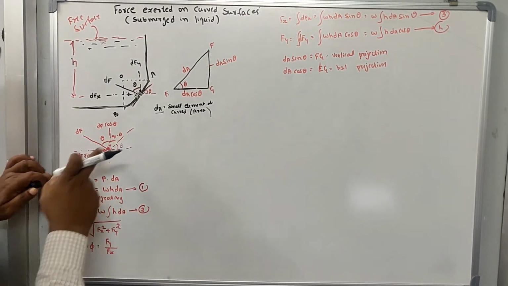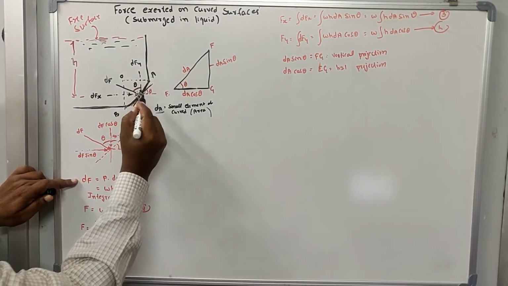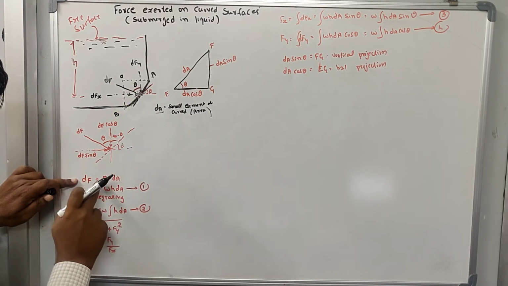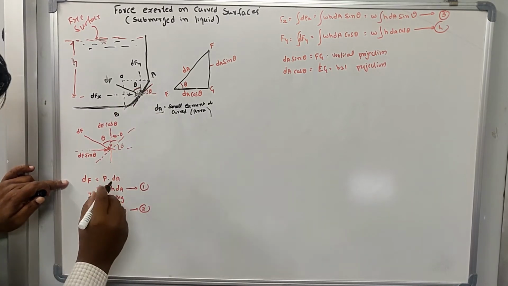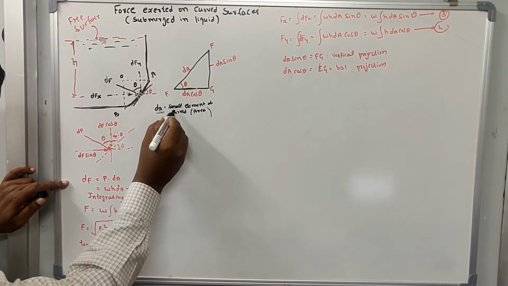So dF is equal to P, the pressure intensity, multiplied by dA, the area of the element.